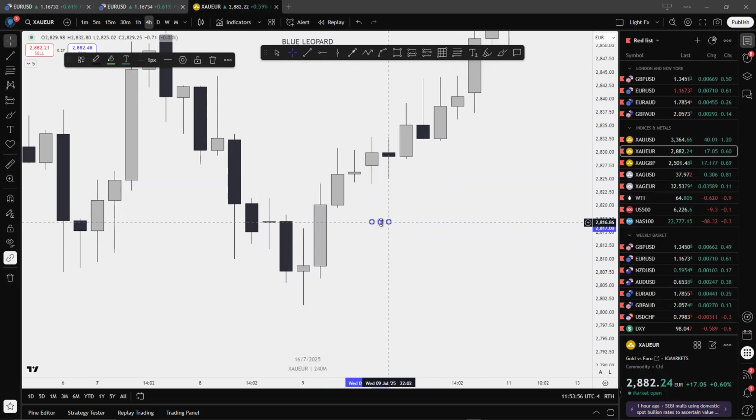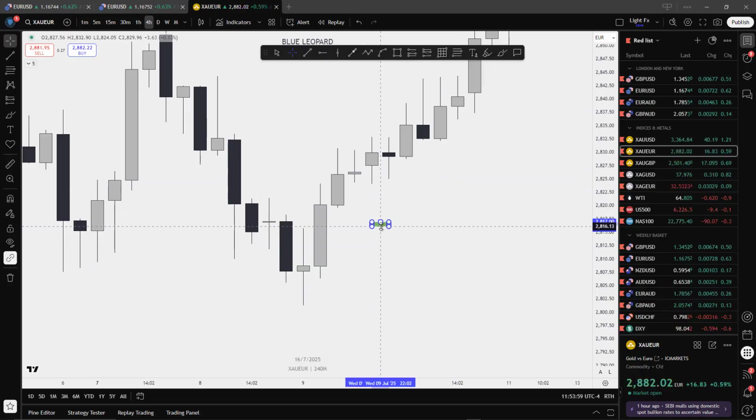When the price started moving, it came like this. Imagine this is 30 minutes, 15 minutes, and then lunchtime, and then price came again, created a high here, couldn't go higher, came back, touched the open at that exact moment. Okay, we have created our wick.